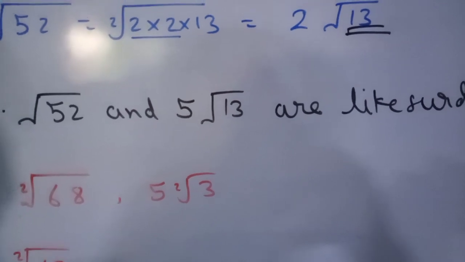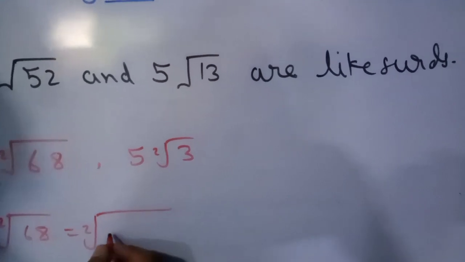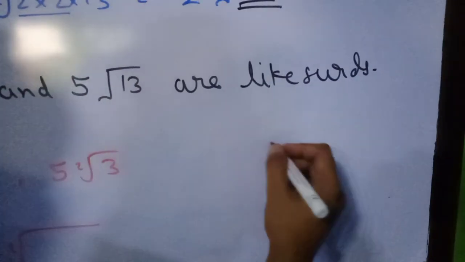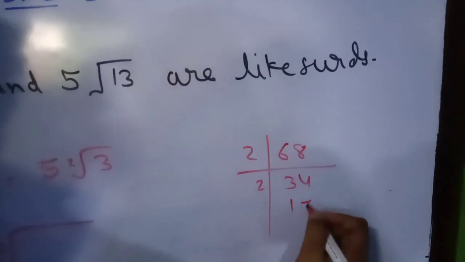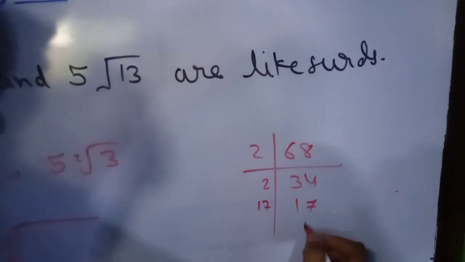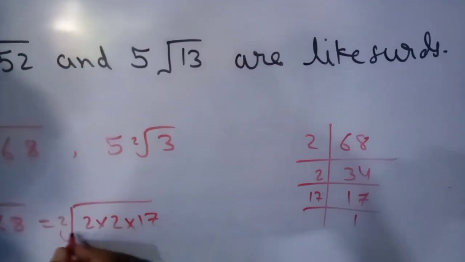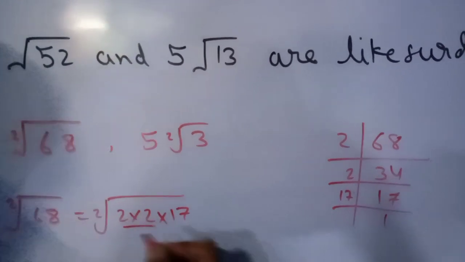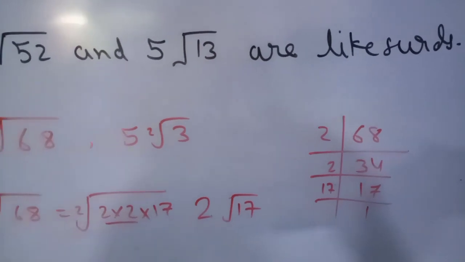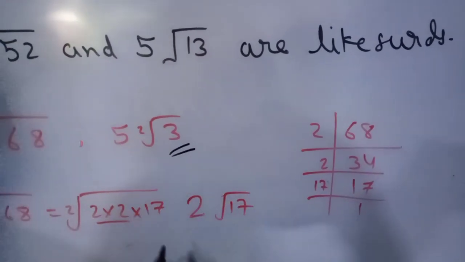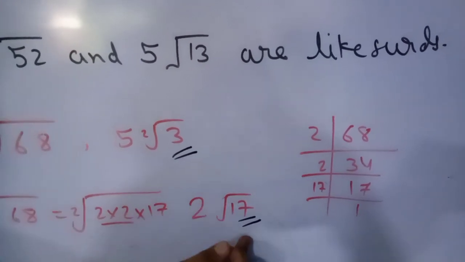Root 68, factorize it: 2 3s are 6, 2 4s are 8, 2 1s are 2, 2 7s are 14, 17 1s are 17. So we can write 2 into 2 into 17. Take the pair of 2 out. So 2 root 17. The radicand of the first one is 3 and the radicand of the second one is 17. So these two are not the same.